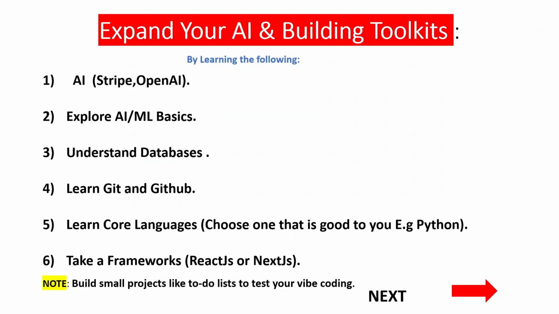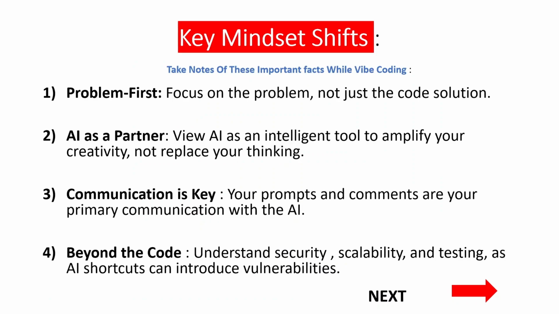So the next step to take is the mindset you need to have, very very important, which is to take note of these important facts while vibe coding. Now the first one is problem first. You need to focus on the problem, not just the code solution. What am I trying to say?